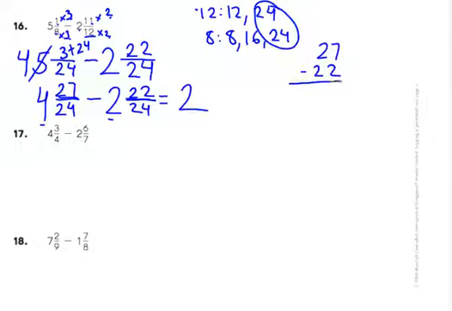Or if you need to use a calculator for this part, you can, is 5/24. And I double checked, do I need to reduce it? I do not. So my answer is 2 and 5/24.